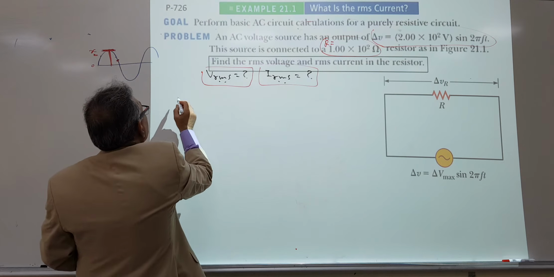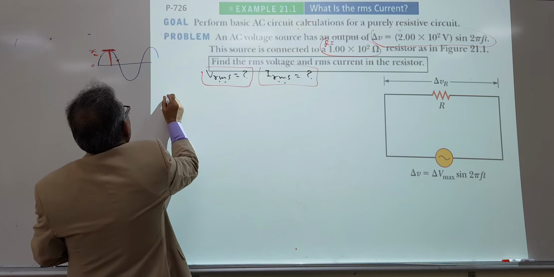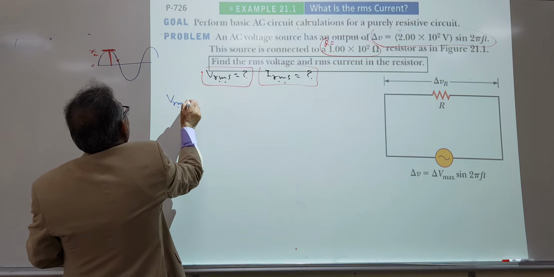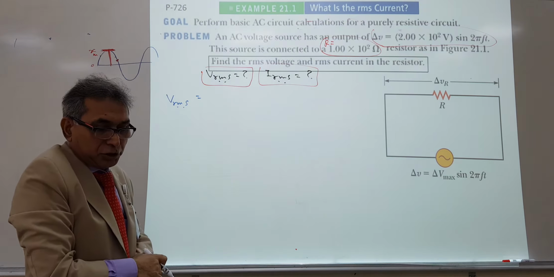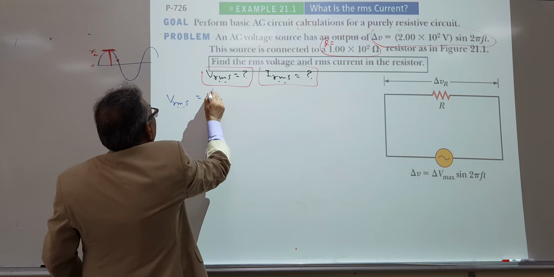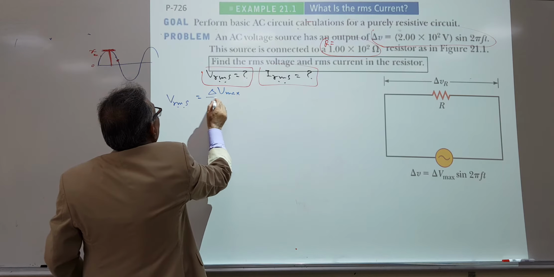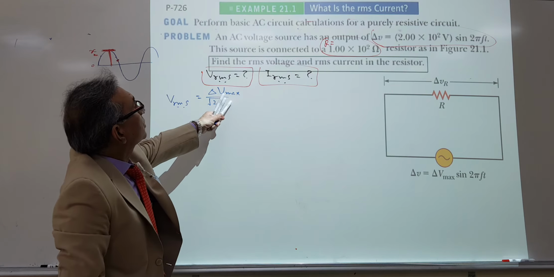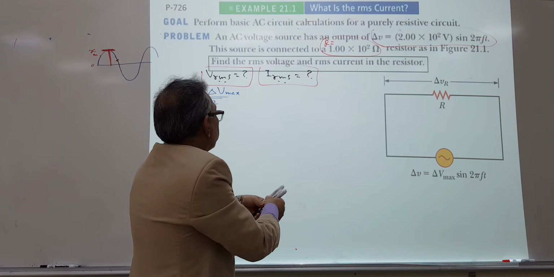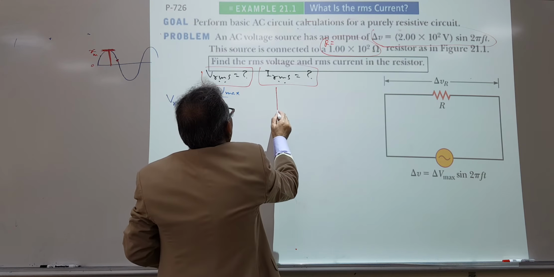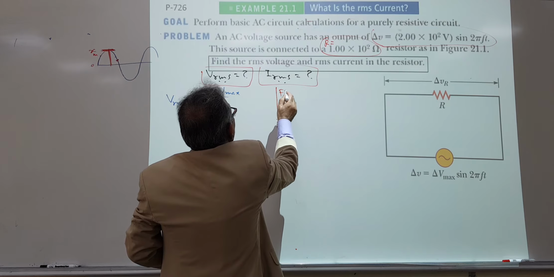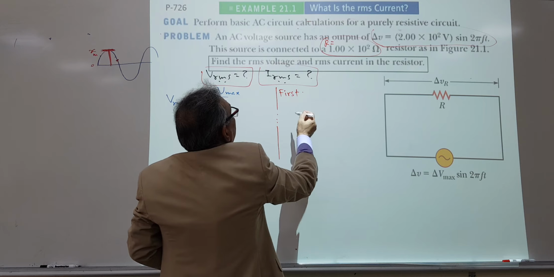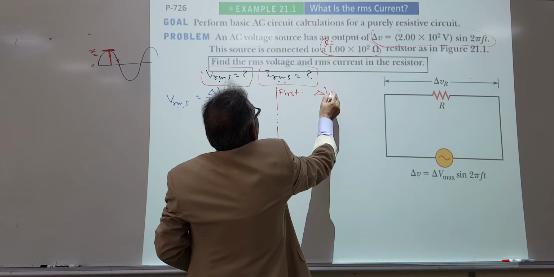All right. We have seen that V RMS is delta V max over root 2. Delta V max is not given, so first let's find out delta V max.